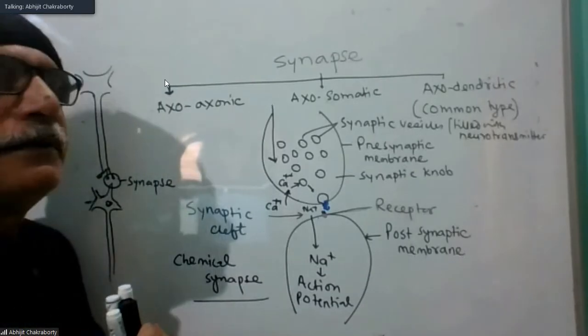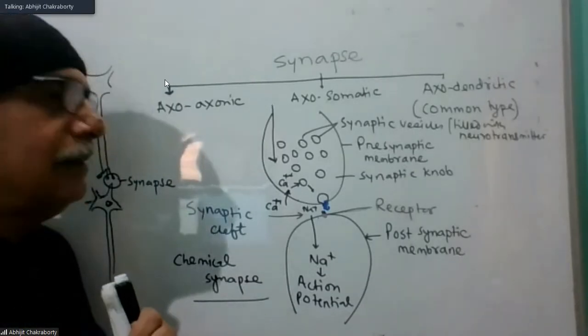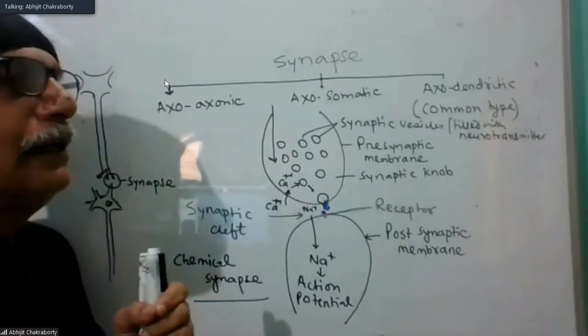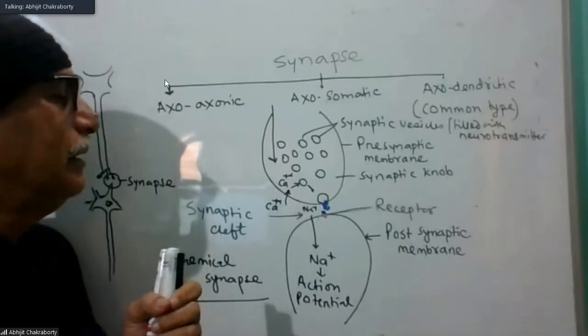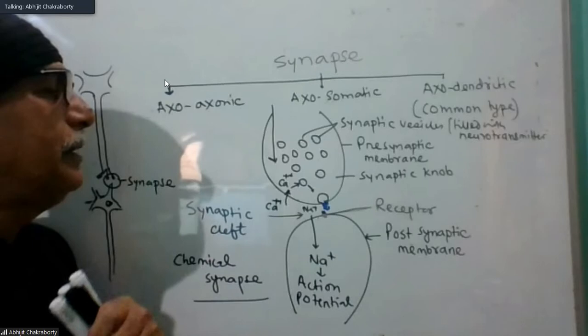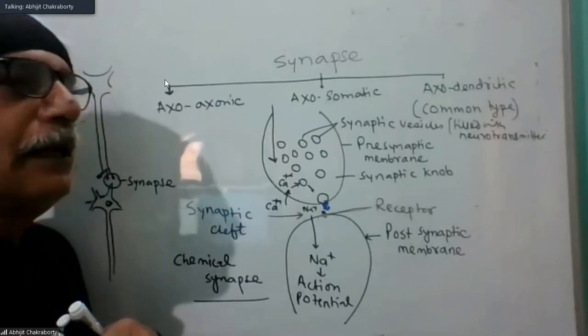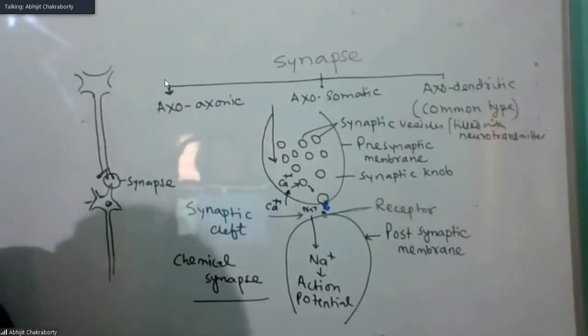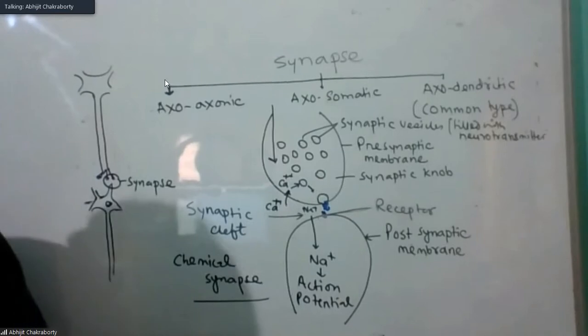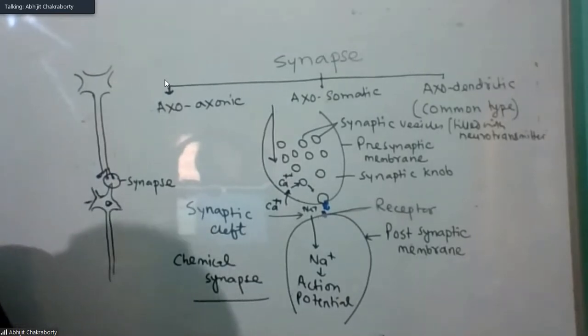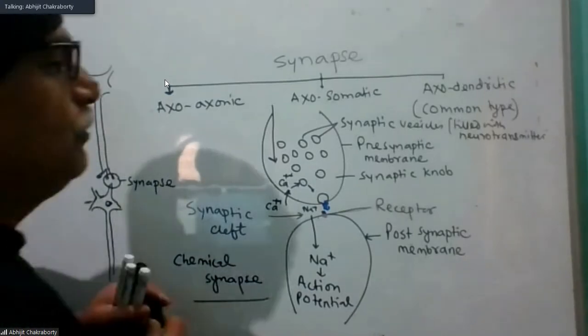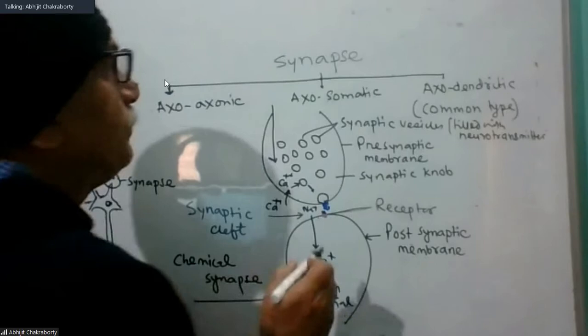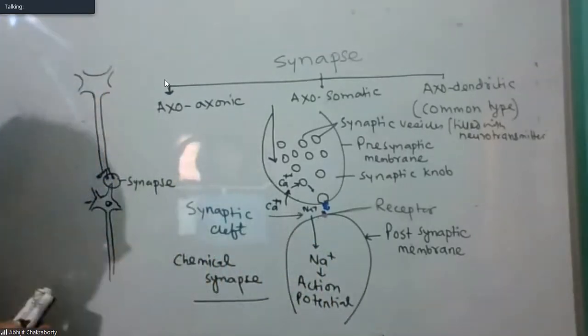In case of chemical synapse, in between the presynaptic membrane and postsynaptic membrane a fluid-filled space is present, which is not found in the other type of synapse, the electrical synapse. Remember this thing, synapse is of two types. I should write here.